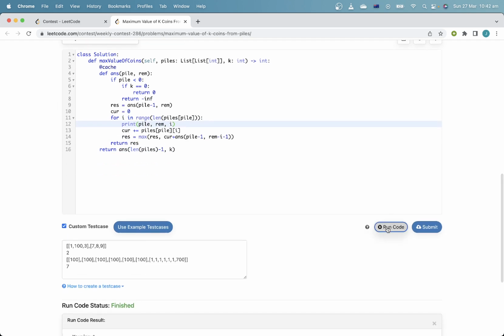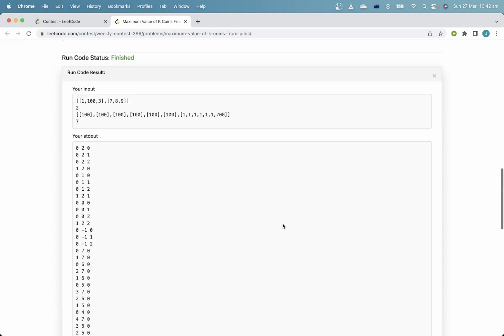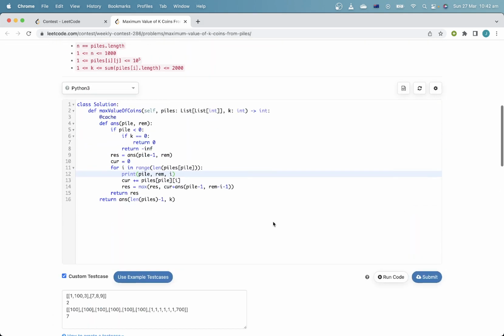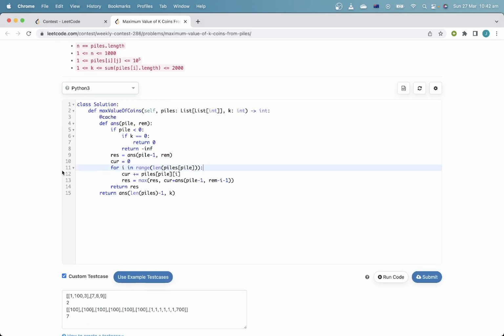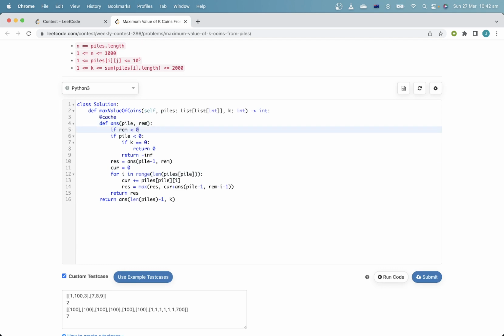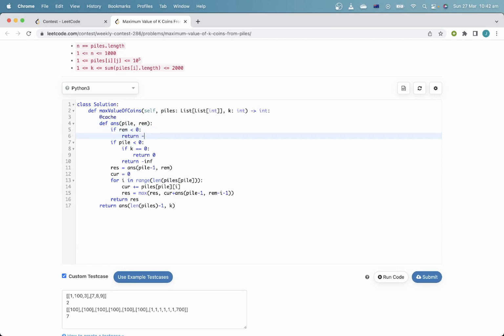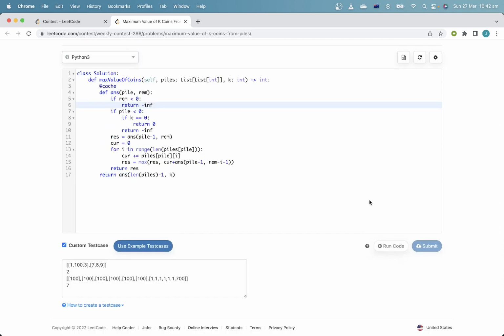Am I looping over things correctly? So if remainder is less than 0, I'm going to return negative infinity as well.